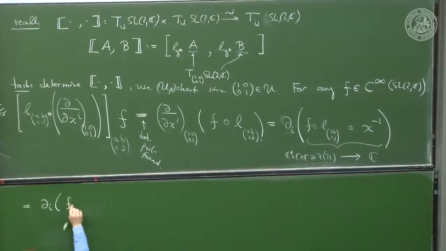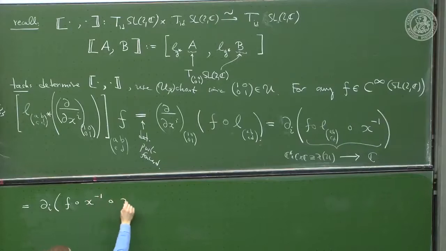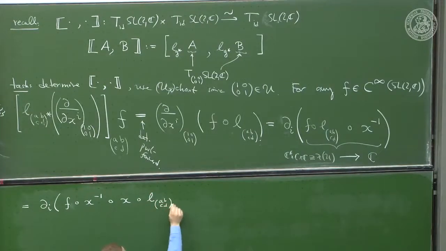I write del i, L_i of f after x inverse after x. Well, that obviously has no effect, right? After L sub a, b, c, d after x inverse. Very obviously, nothing at all happened. Okay?